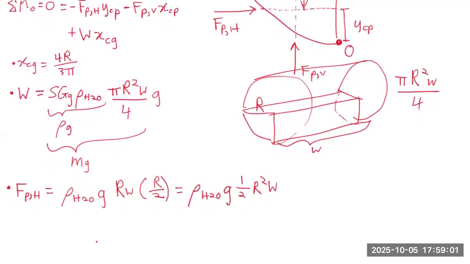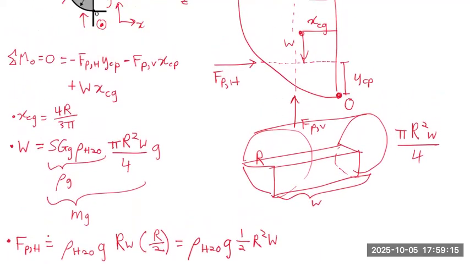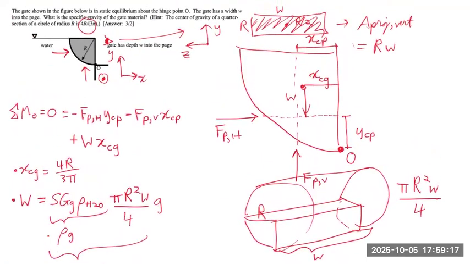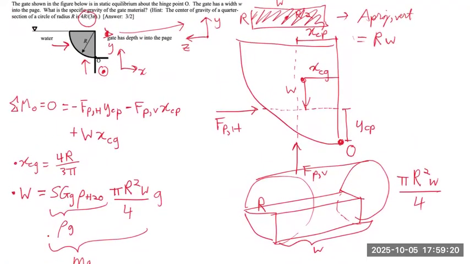Now it's time for us to find the vertical component of the pressure force. What is that one going to be? Well, don't forget that the vertical pressure force for a curved surface is equal to the weight of the liquid directly above it.